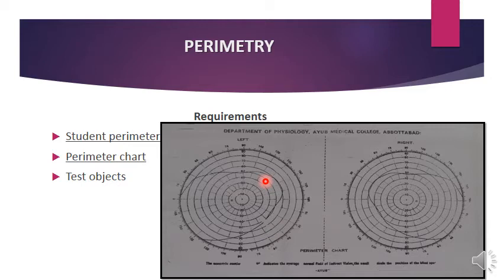Similarly, for the right eye, this is the superior temporal quadrant for the right eye visual field. This is the inferior temporal quadrant for the right eye visual field. This is the inferior nasal quadrant for the right eye visual field, and this is the superior nasal quadrant for the right eye visual field.